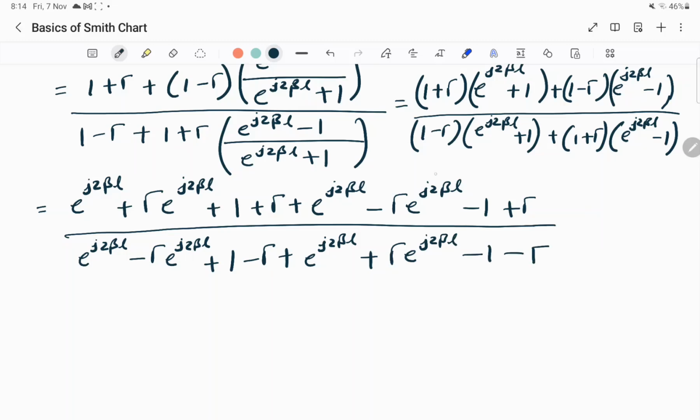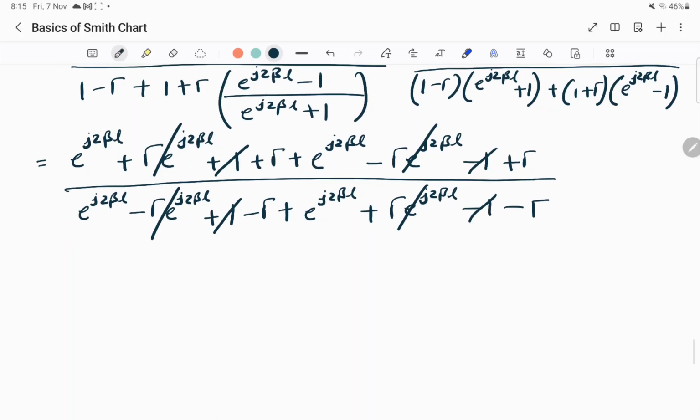So here minus gamma e to the power j 2 beta L and plus gamma e to the power j 2 beta L cancels out. This plus 1 and minus 1 cancels out. Similarly here also these terms cancel out.